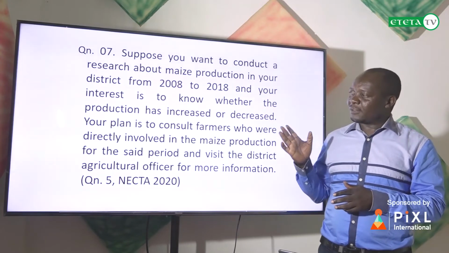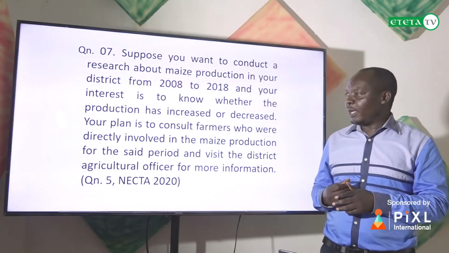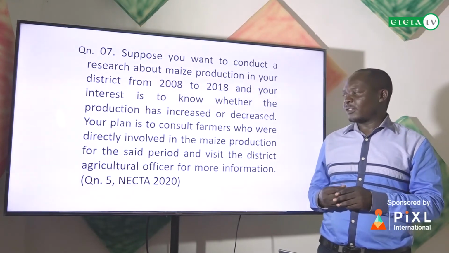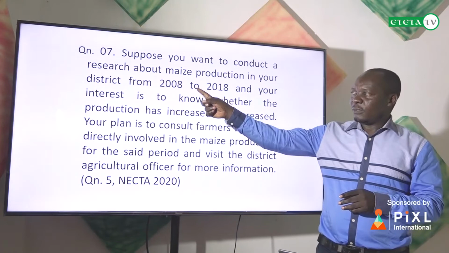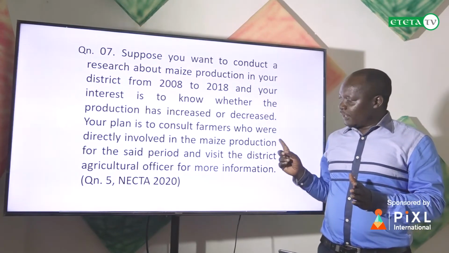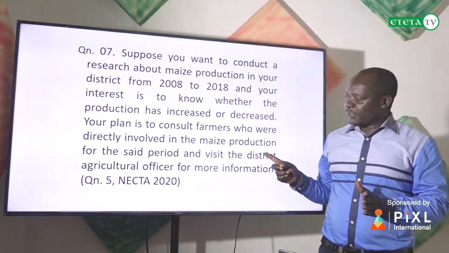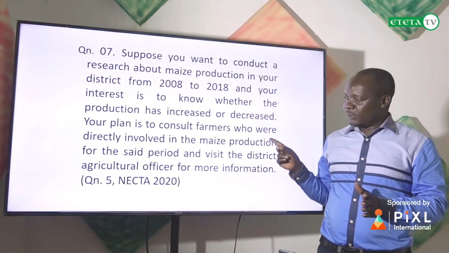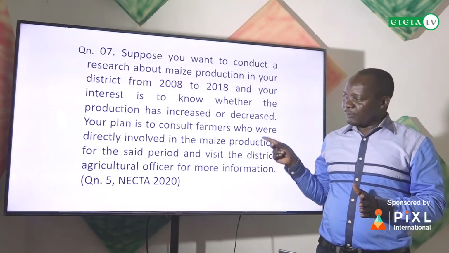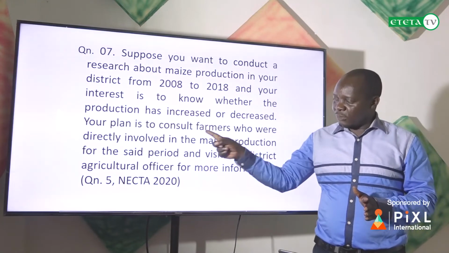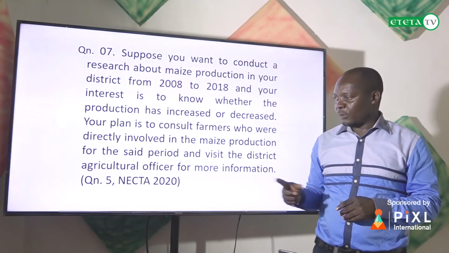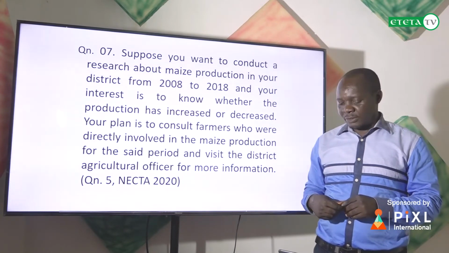Your plan is to consult farmers who were directly involved in maize production for the said period, and visit the district agricultural officer for more information. That means, in order to get more information, the researcher focuses on visiting the agricultural officer in that particular district. That was NECTA 2020.